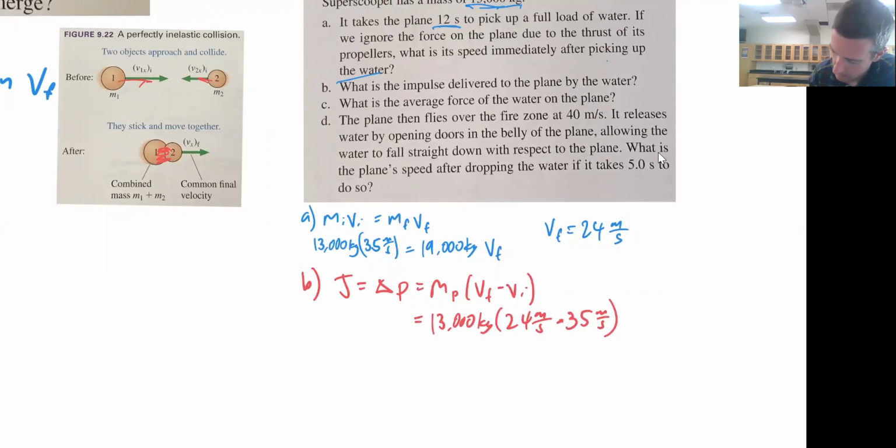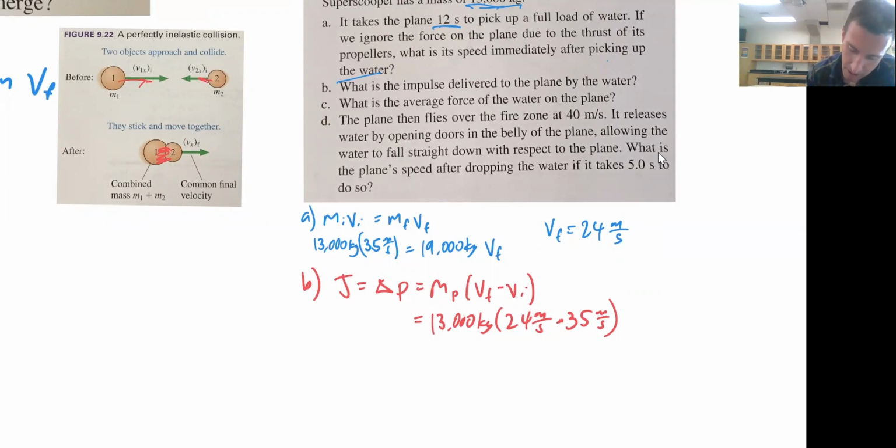Minus 35 times 13, negative 143,684,000. I used the value of 23.95 that was already in there.